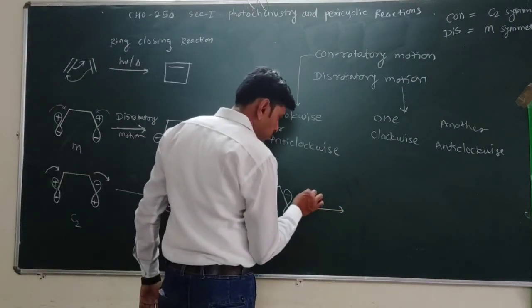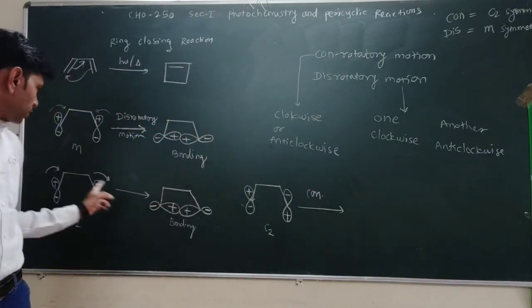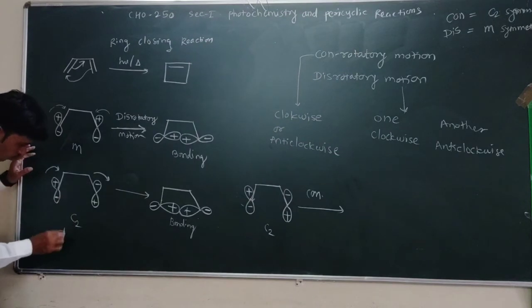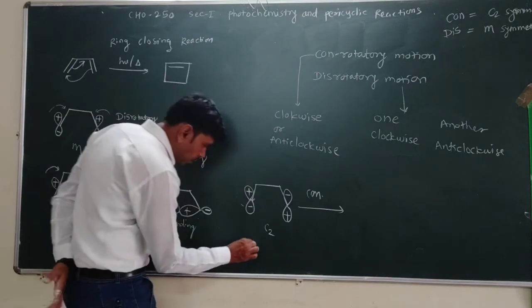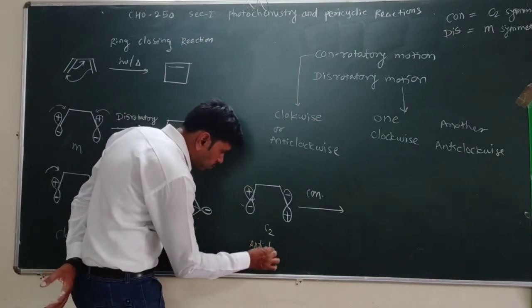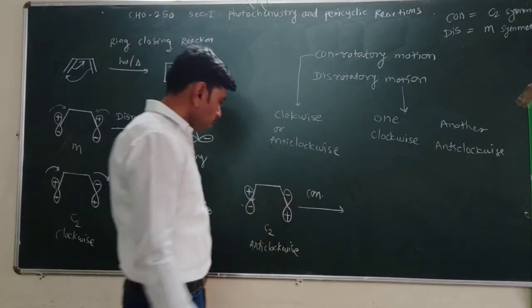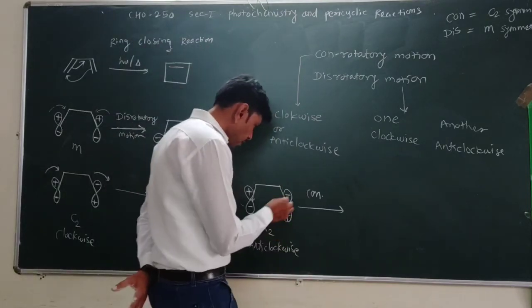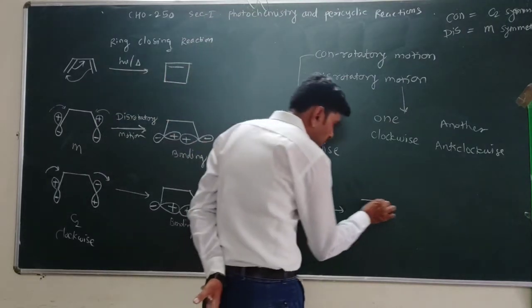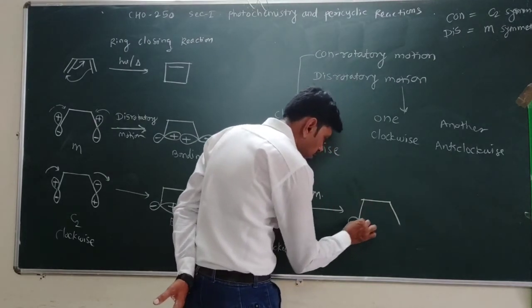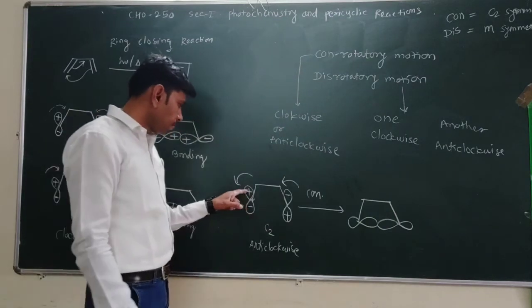Now we rotate both orbitals anti-clockwise, and we obtain the overlap of orbitals.